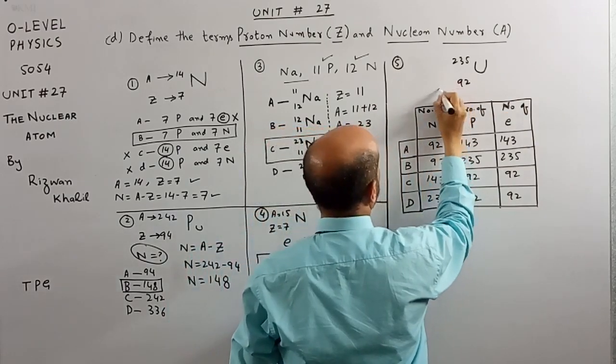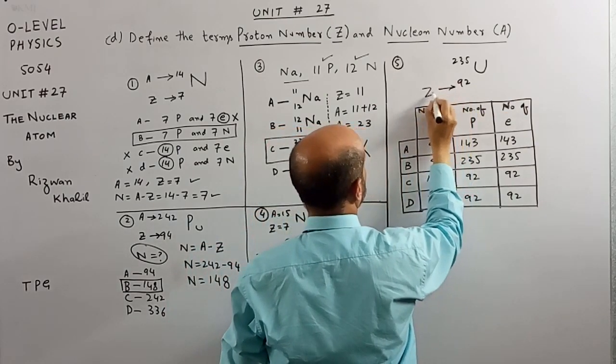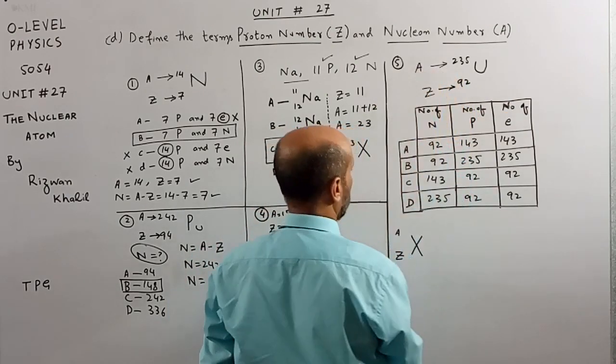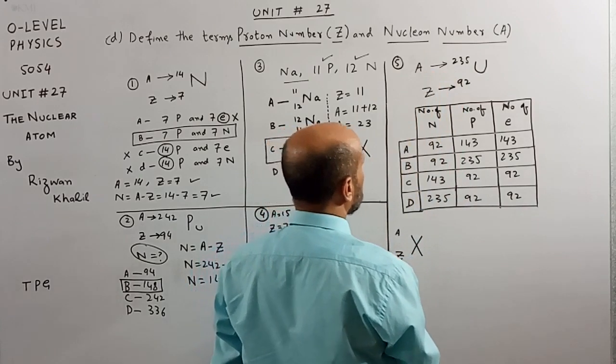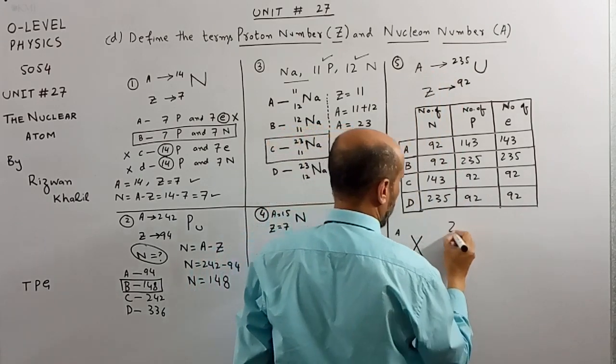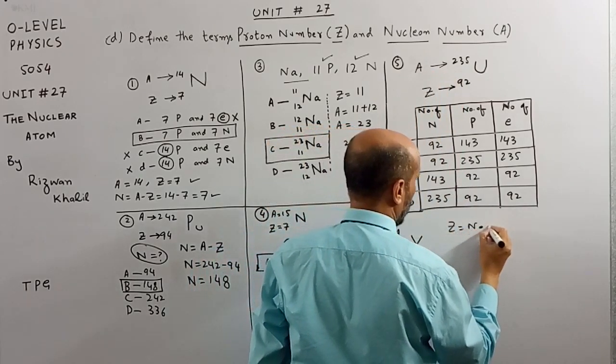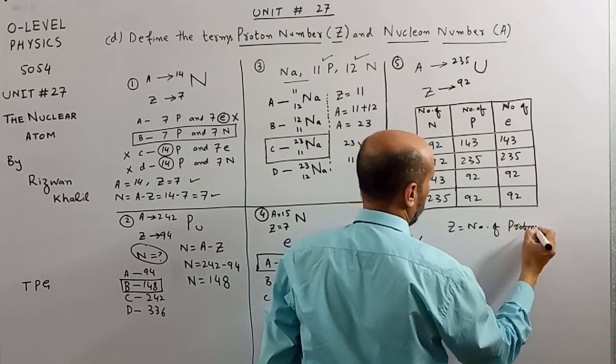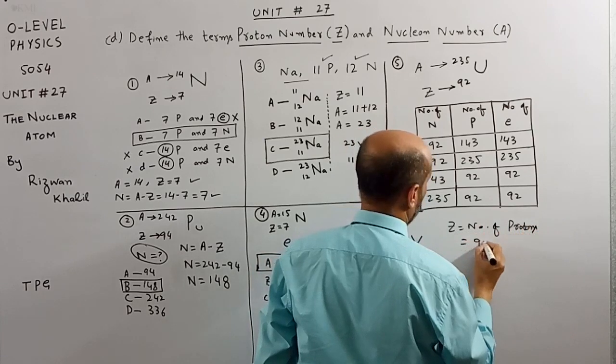So this represents the value of Z, this represents the value of A. Z stands for the number of protons, that is equal to 92.